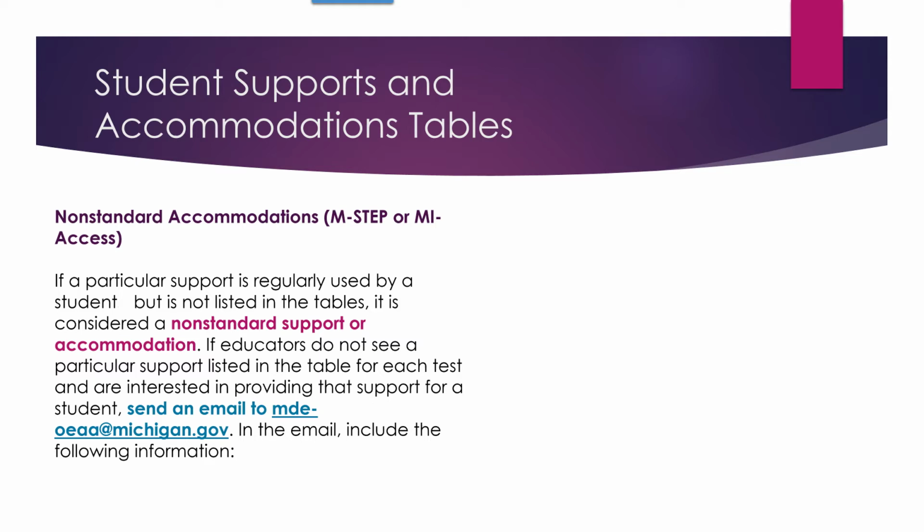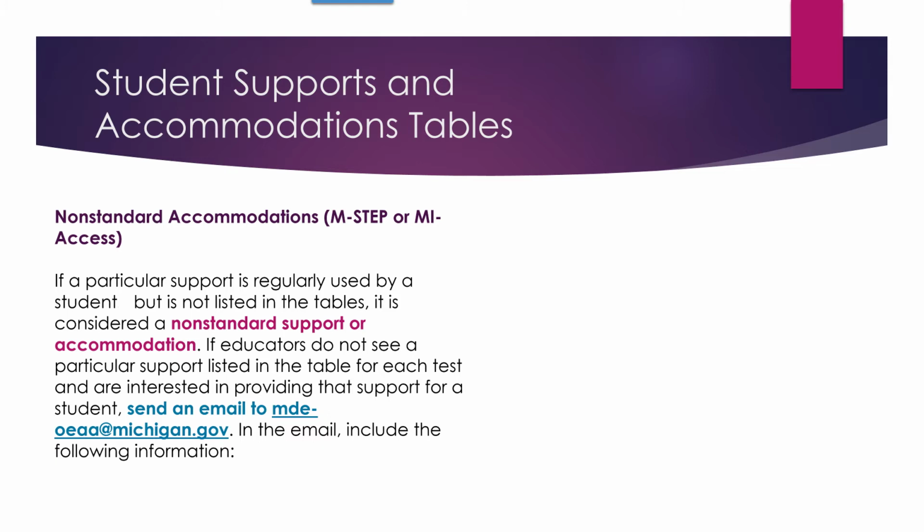If a particular support is regularly used by a student, but it is not listed in the tables, it is considered a non-standard support or accommodation. If educators do not see a particular support listed in the table for each test and are interested in providing that support for a student, send an email to mde-oeaa@michigan.gov.